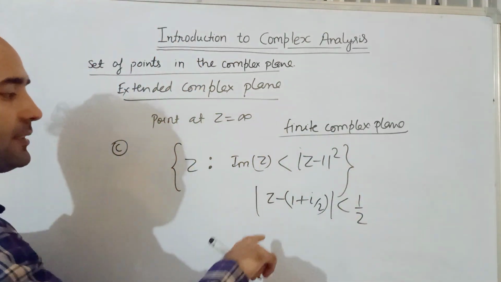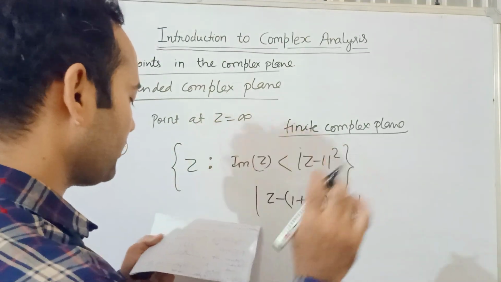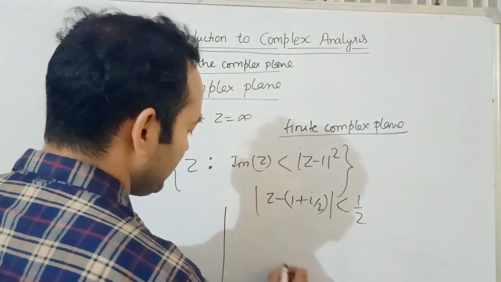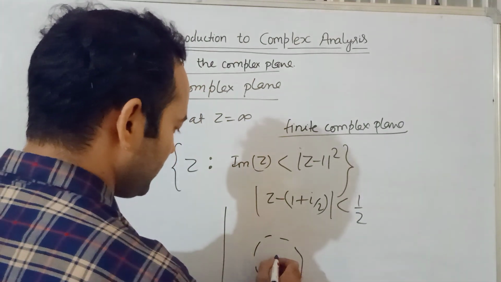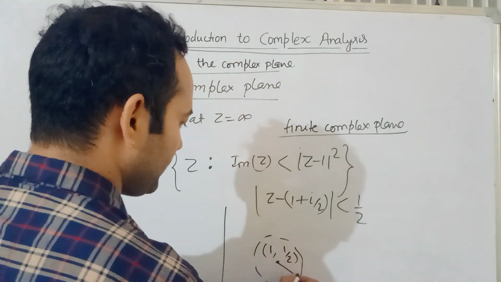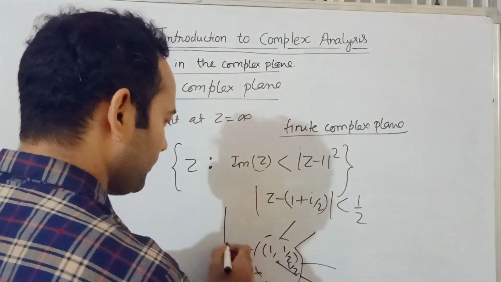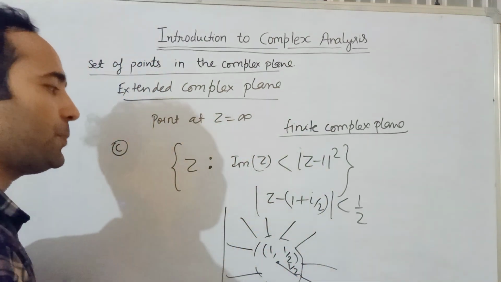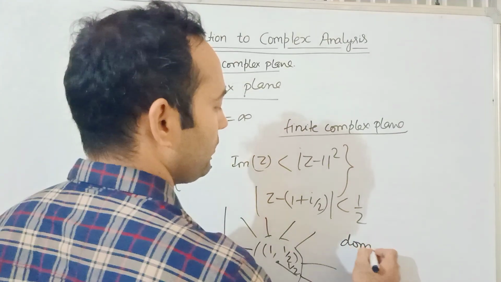Basically a circle centered at this point and satisfying this inequality, of radius 1 by 2. If you plot it, this is how it is going to look. This is (1, 1/2) with radius 1/2. So what is the region? This one. This is again open, connected and bounded, so it is going to be a domain.